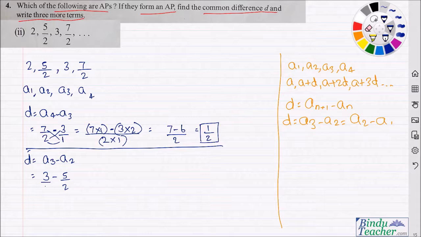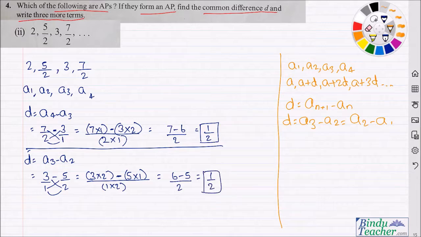I'll do a similar thing: add 1 as the denominator, cross multiplying, 3 into 2 minus 5 into 1, divided by 1 into 2, equals 6 minus 5 by 2, and we get 1 by 2.